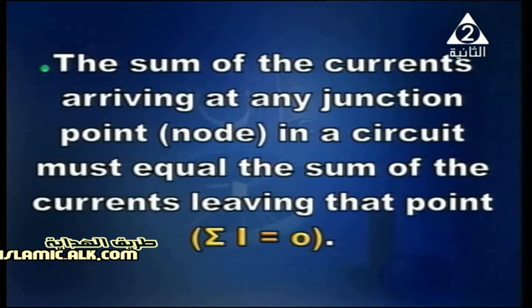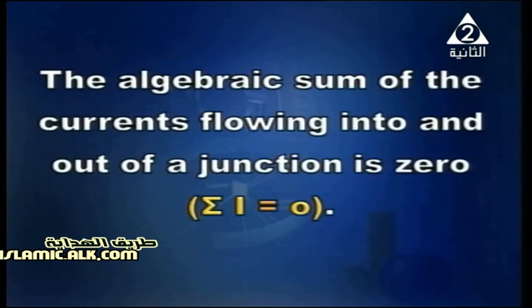In other words, summation of current equals 0, or the algebraic sum of the currents flowing into and out of a junction is 0. As I said, sum of currents equals 0.